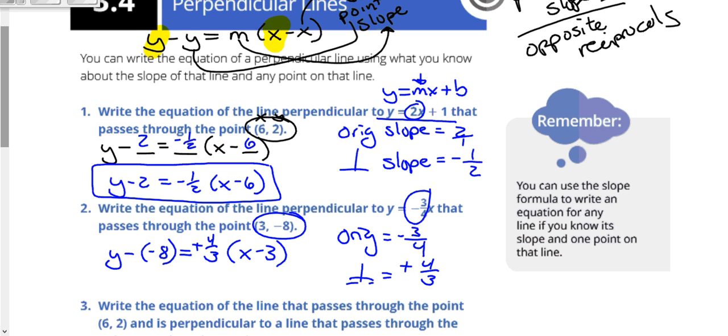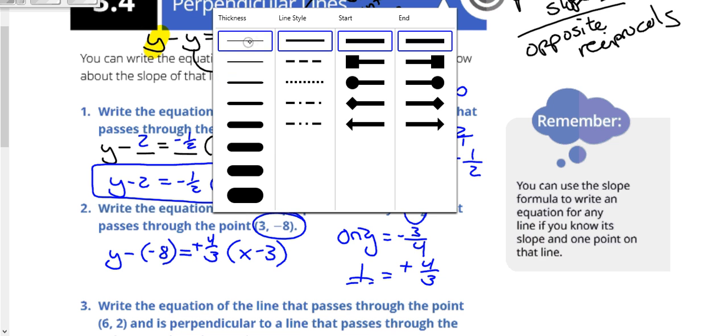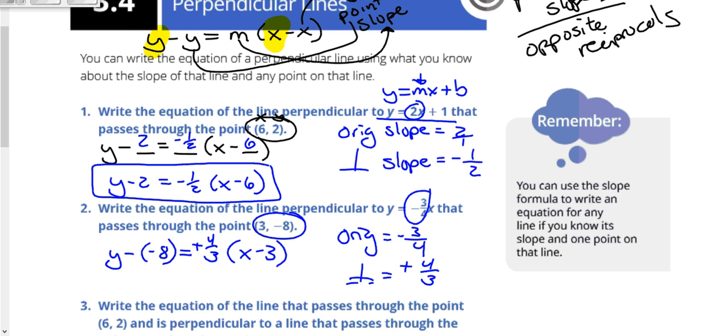So positive 4/3. And now all I have to do is just clean it up a bit, because we don't write minus a negative 8. So it's going to be y plus 8 is equal to 4/3 times x minus 3.